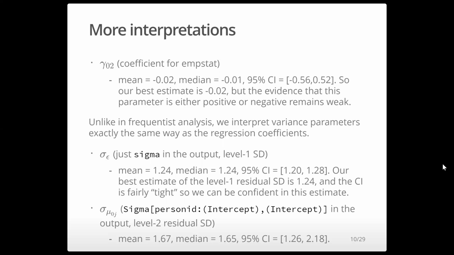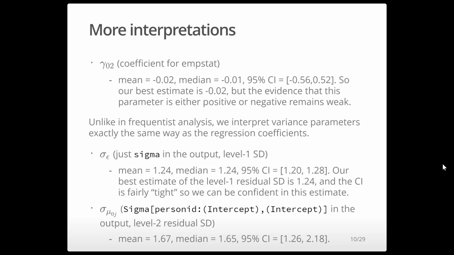It still could be in a much wider range than it was for pain. But we don't have any evidence that it's positive or negative. And so if we're really going to make any sort of assumption about what this parameter was, it would probably be pretty close to 0. But keeping in mind that we really don't have strong evidence for what it is one way or the other, it still could be in a pretty wide range.